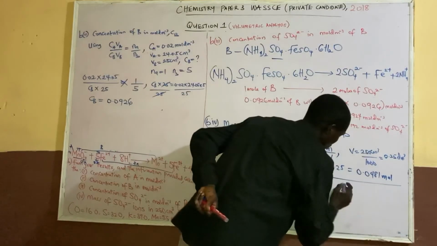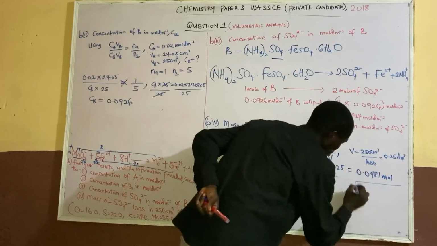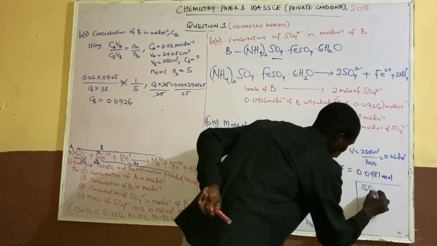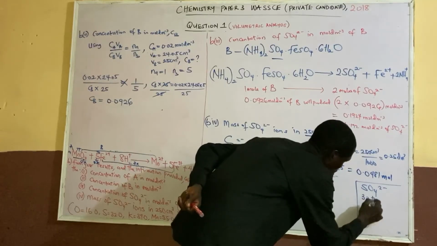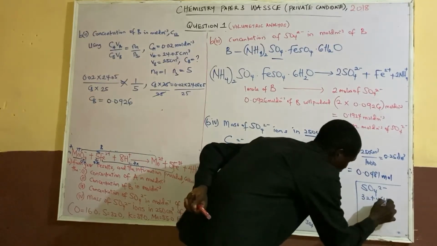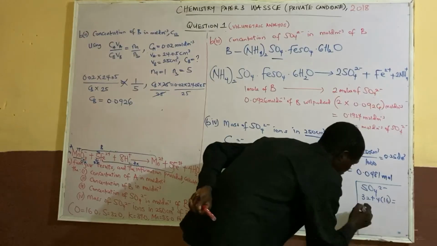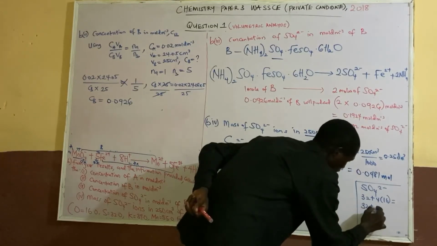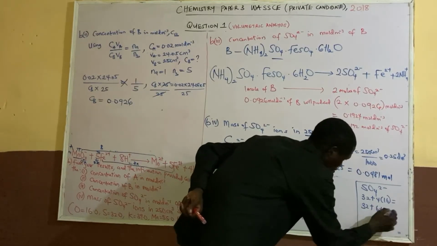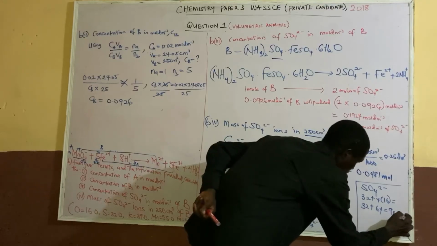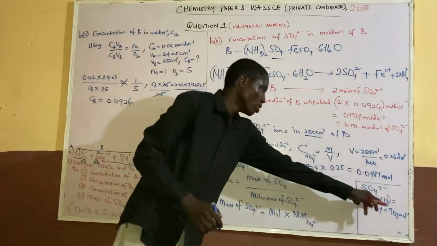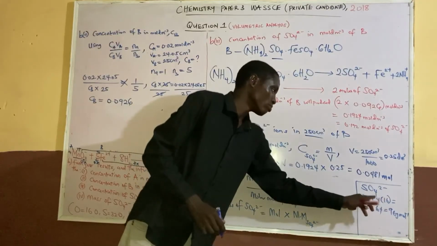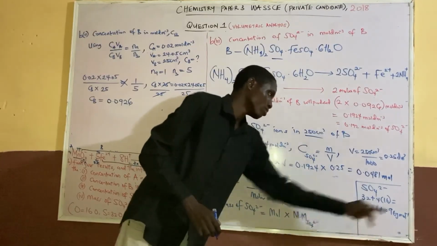If we calculate the molar mass of SO4 2 minus, this one is 32 plus 4 into 16. 32 plus 64, so we have 96 gram per mole. The relative atom mass of sulfur is 32, and that of oxygen is 16 times 4, that's how we get 64, plus 32 gives 96.